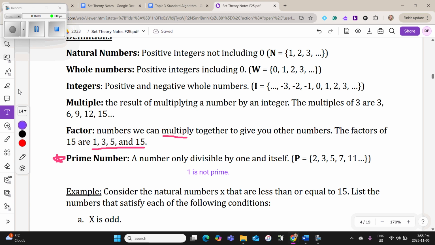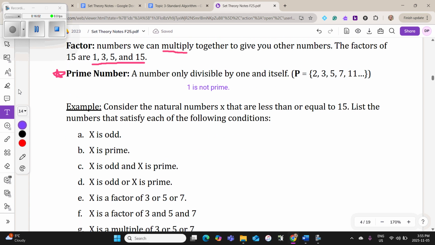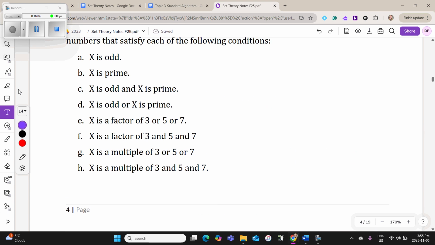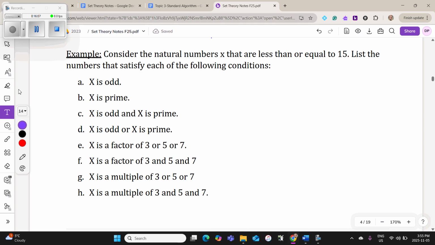Okay, so now we are going to try some examples here. Example number 1 says, consider the natural numbers x that are less than or equal to 15. List the numbers which satisfy each of the following conditions. So in order to answer this question, I'm going to start with all of the numbers that we're allowed to use.